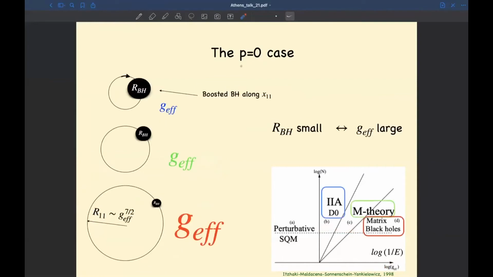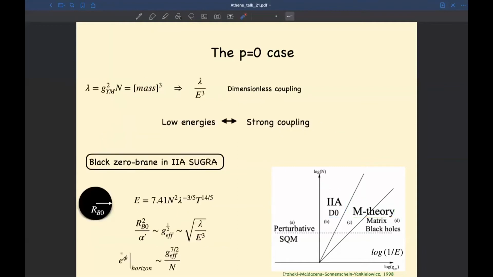So indeed, we are in the p=0 case, and we can imagine that we have a black hole which is boosted along the 11th circle, while on the other hand, we know that the 11th circle is related to the string coupling g_string. Now, if we go back, the dilaton at the horizon is g_string, which furthermore is g effective.